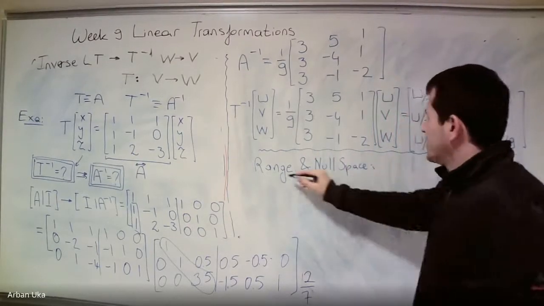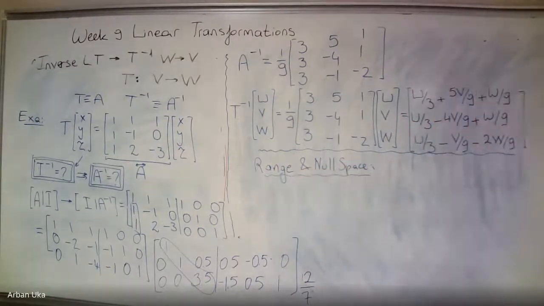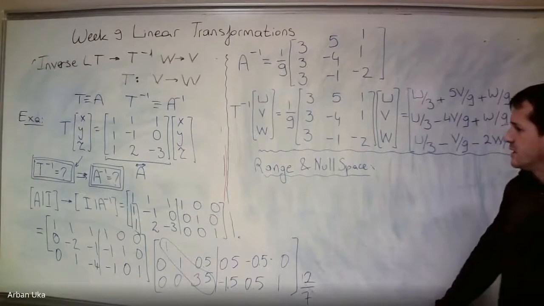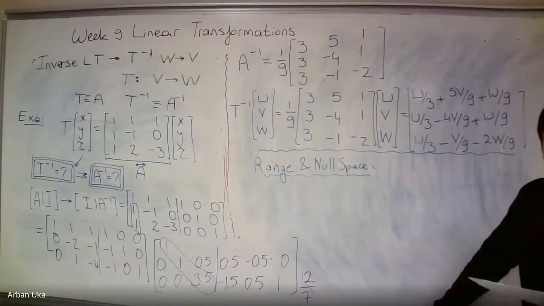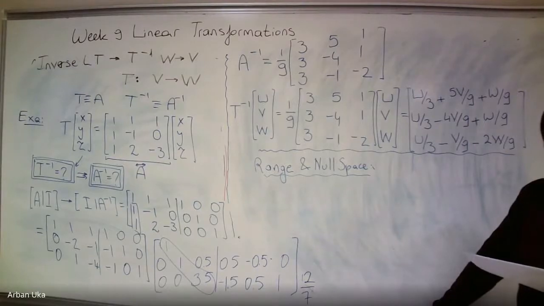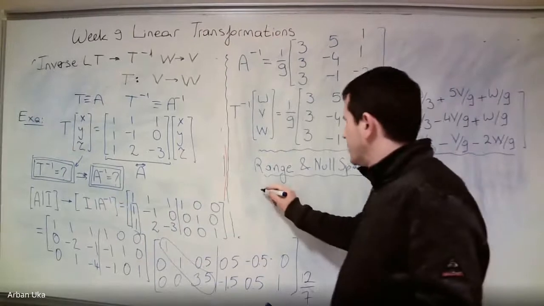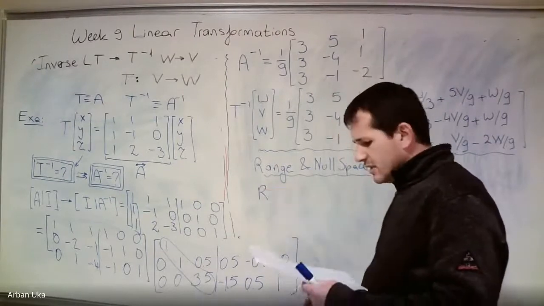Now, in the previous hour, we just briefly mentioned the idea of the null space in a linear transformation. And here we can say that at least we know the formal definition of what a range is, but let's write this again.